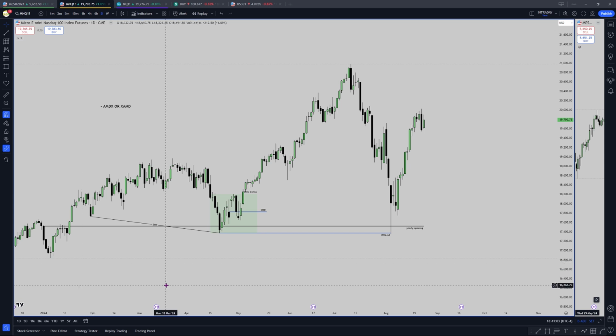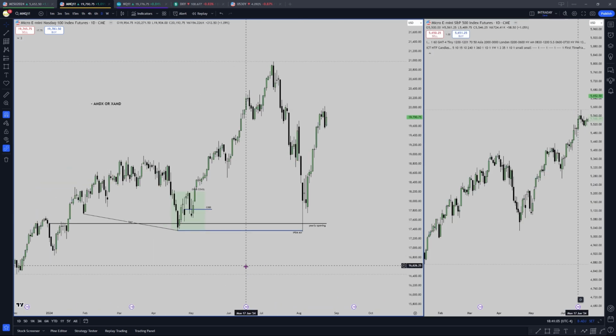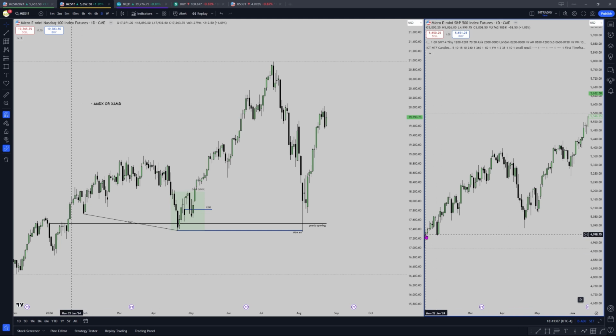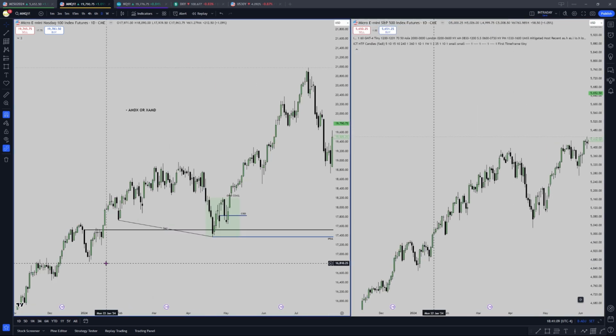So we have SMT. SMT is basically a correlation between two assets. So if you see the ES chart to my right here, you see how my cursor is hovering over this low and the NASDAQ took that low, but the ES didn't take it? This is a divergence in correlation between two highly correlated assets.